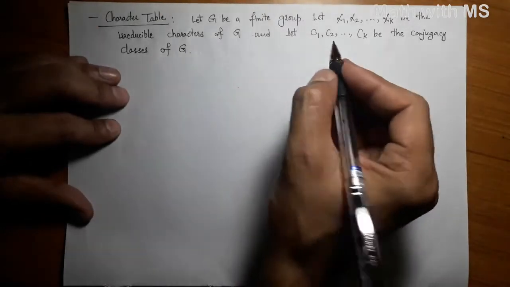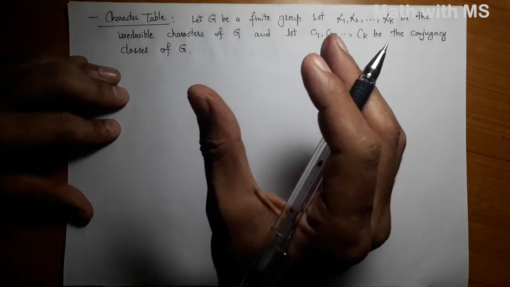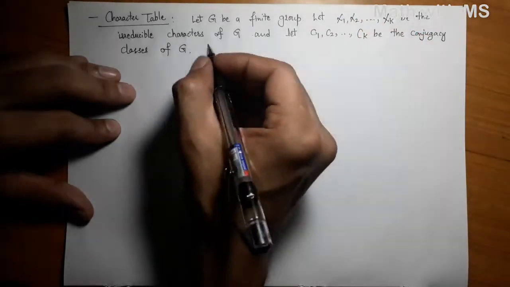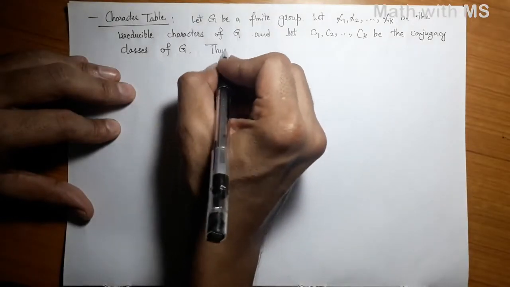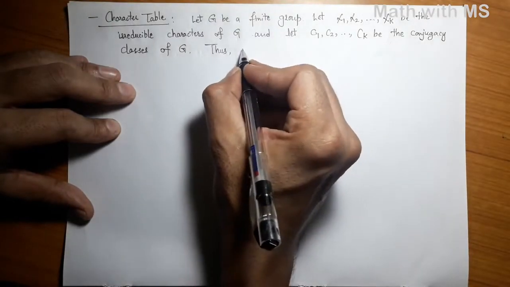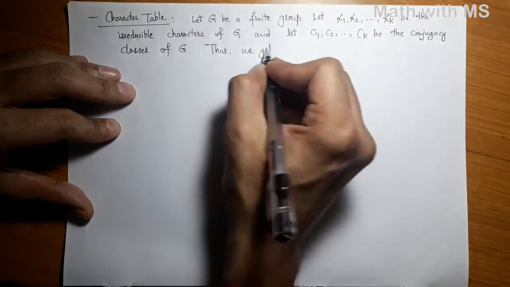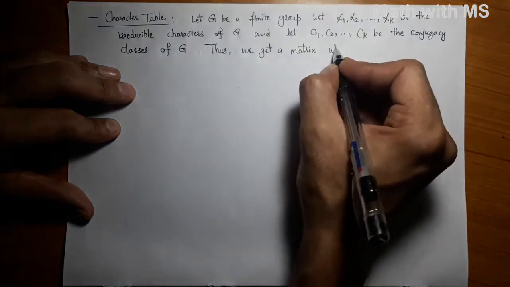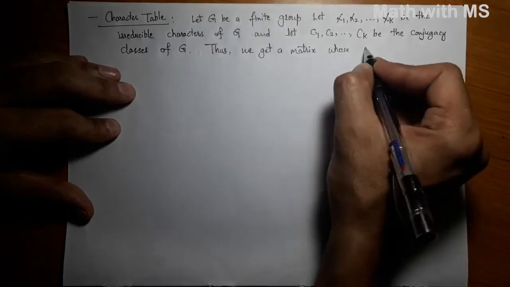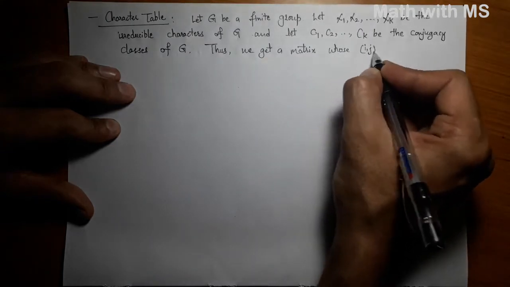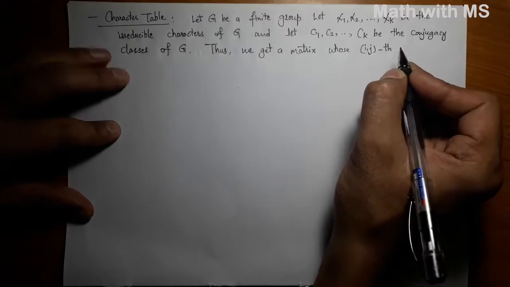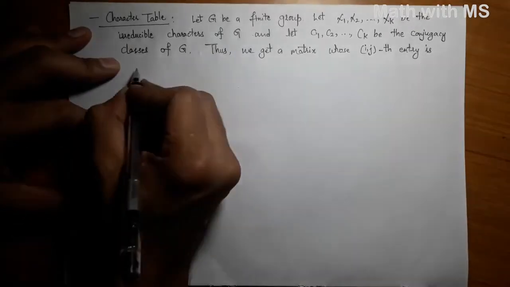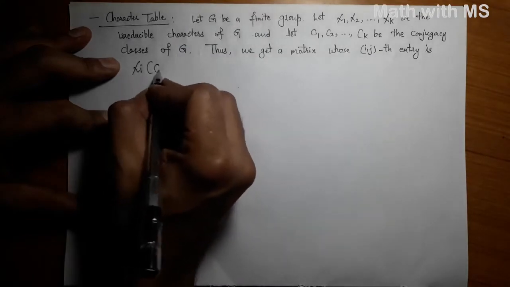Now since characters are class functions, they take the same value on a given conjugacy class. So thus we get a matrix whose ith row jth column entry is chi i acting on Cj.